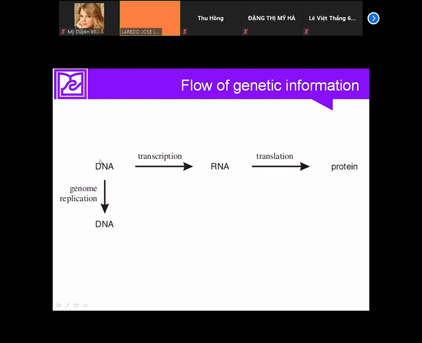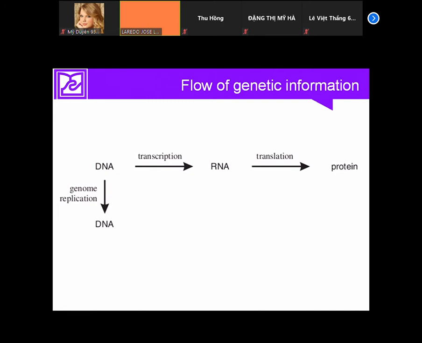And DNA may become replicated. This is called replication. You know replication, you know transcription, and you know translation.